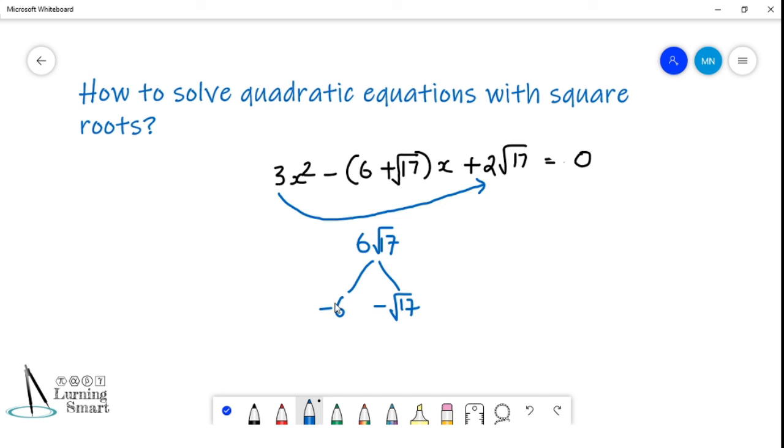When you add them, you get minus 6 plus minus root 17. When you multiply them, minus cancels, and you get 6 root 17. So the roots will be x equal to 6 and root 17, divided by 3, because the coefficient of x square is 3. You should divide the factors by 3. X equal to what? 2 comma root 17 by 3.